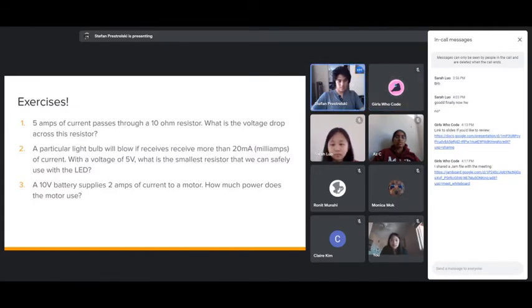All right. Does anyone have any questions about these three problems? If you have any questions, feel free to type in the chat.